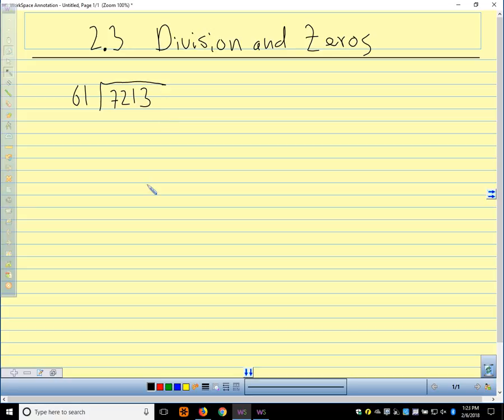So we're going to divide 7213 by 61. I ask myself, how many times does 61 go into 72? One time. So I put it up there, and then I multiply. 1 times 61 is 61, and then we subtract. 2 minus 1 is 1, 7 minus 6 is 1, and then we bring this 1 down.